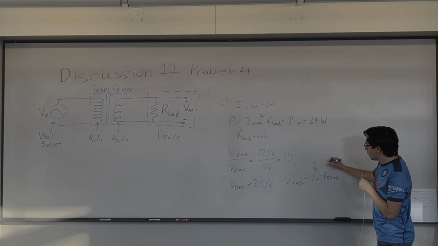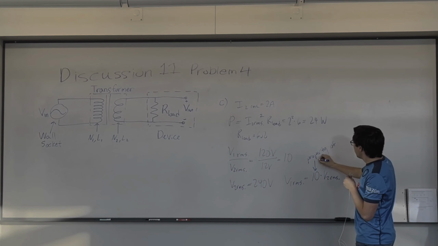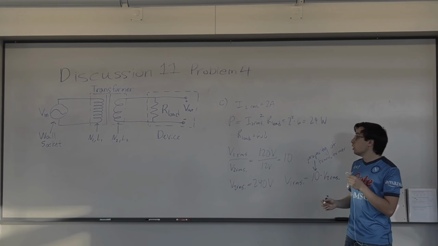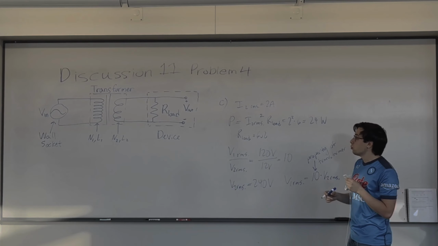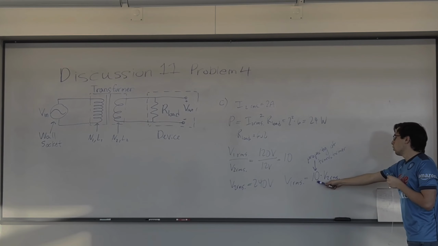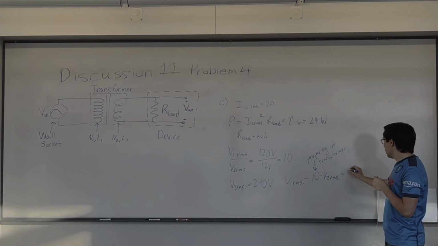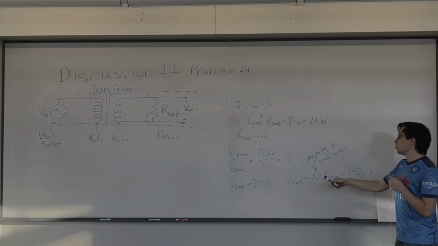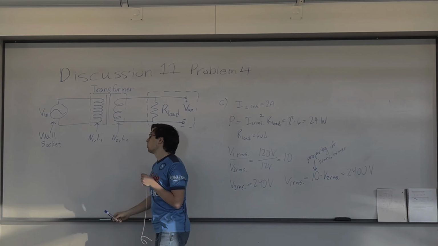And again, this 10 is a property of the transformer. This does not depend on where the input or the output, where the device, where the power supply is. And so, since this ratio is constant, this is 10 times 240. We get 2.4 kilovolts root mean square voltage now on this side of the circuit.